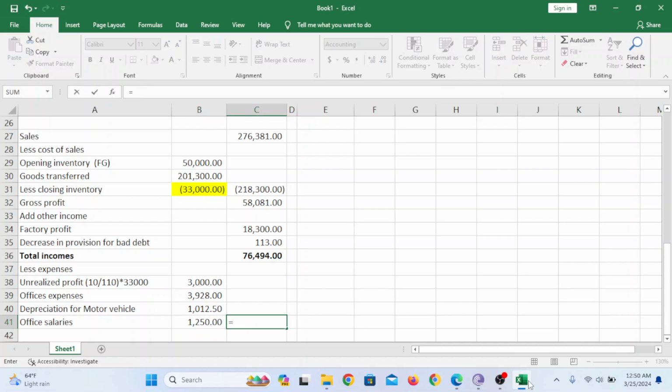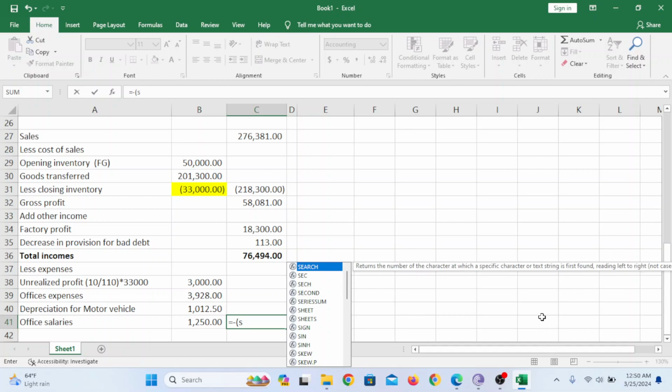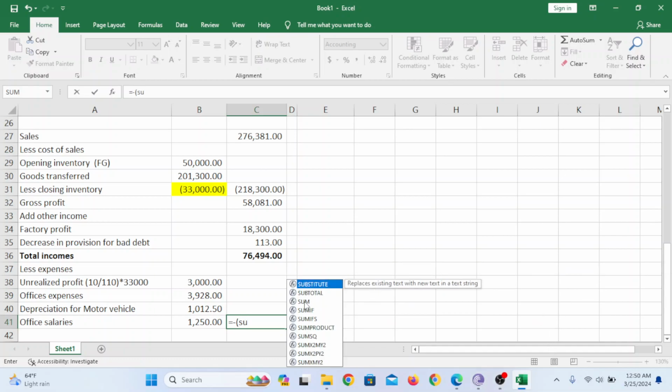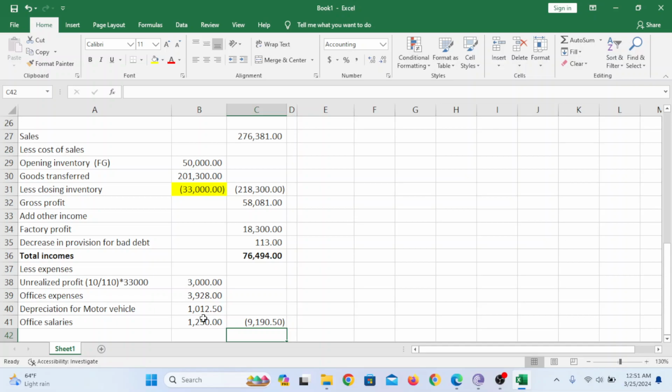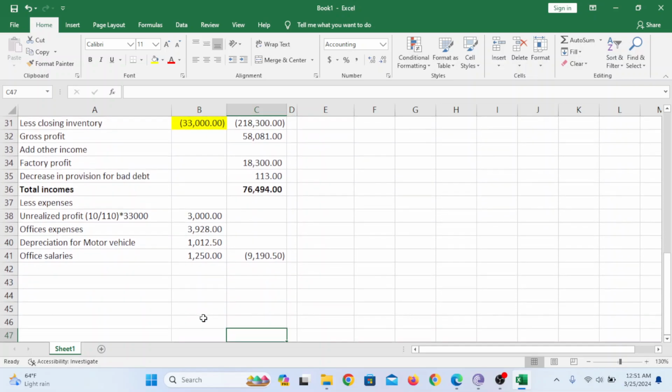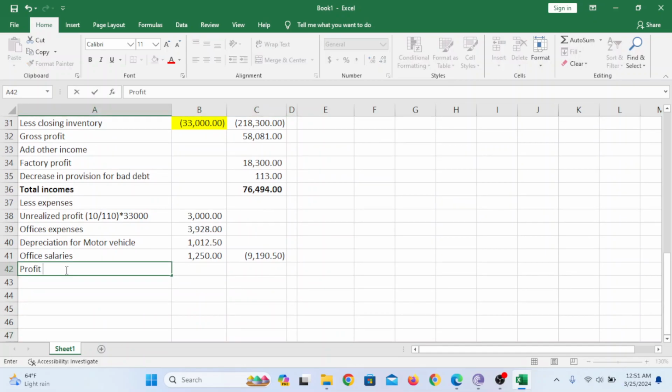So we add these expenses, we need to subtract them here. When you sum up the expenses, I'm getting 9190.5. Once you have that, we need to get the profit before tax.